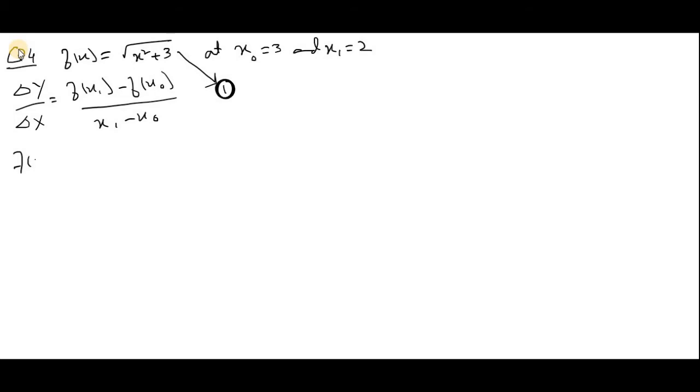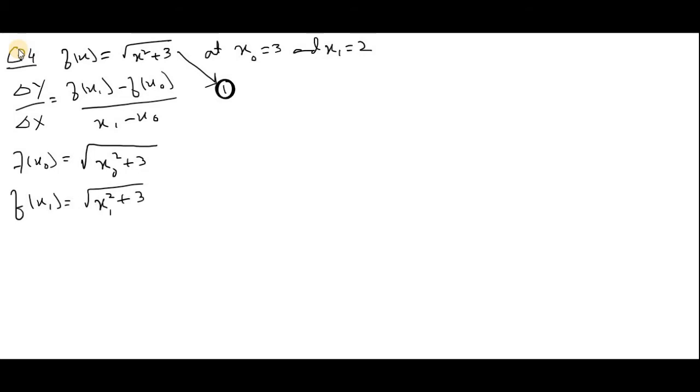So f of x naught is under root x naught square plus 3 and f of x1 is equal to under root x1 square plus 3.